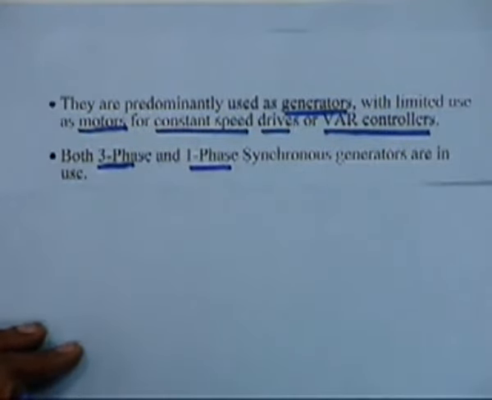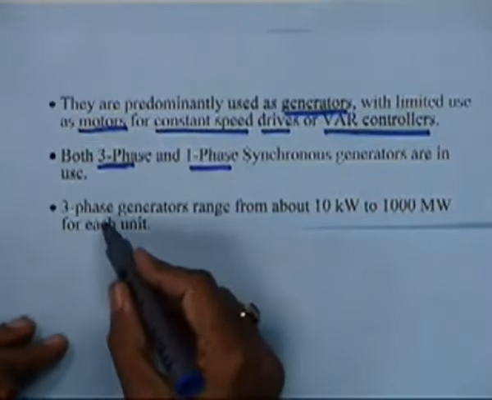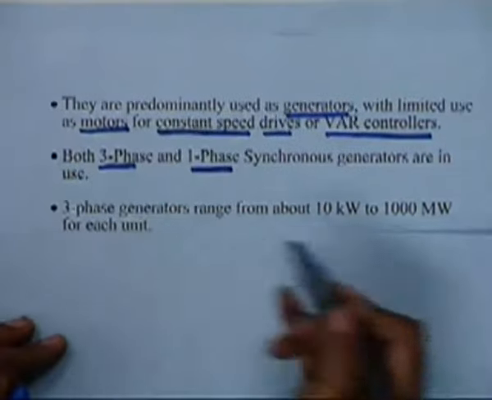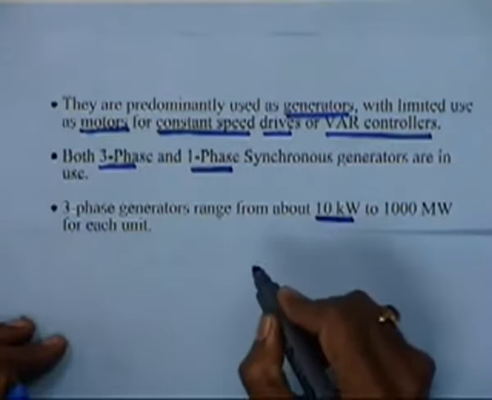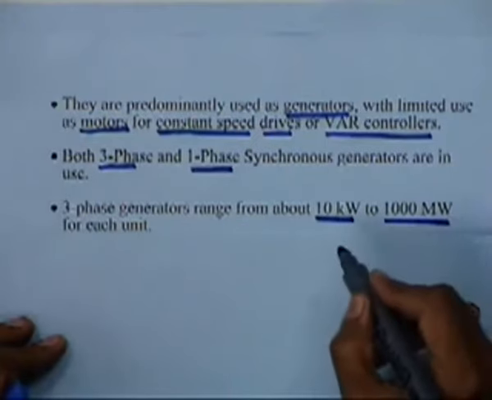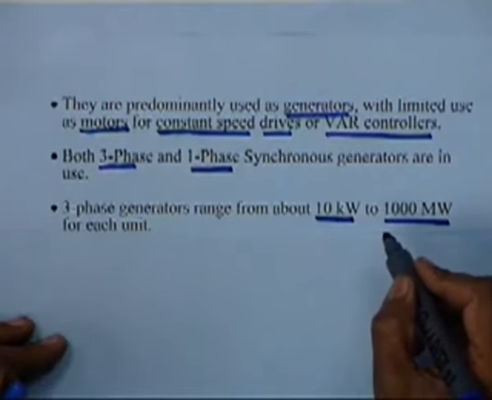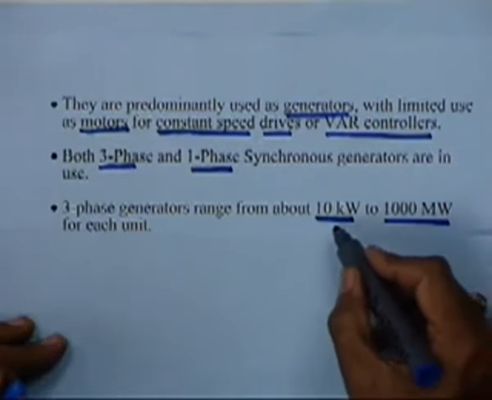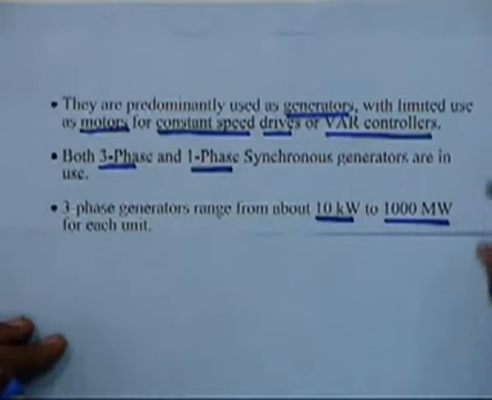Now, the three-phase generators, which are bulk generators, the smallest may be around 10 kilowatt, going even up to a single unit of 1000 megawatts. So you can understand the range of power handled by these synchronous generators, smallest with 10 kilowatt and the largest with around 1000 megawatts. So obviously the size also will considerably vary as the power ranges increase.